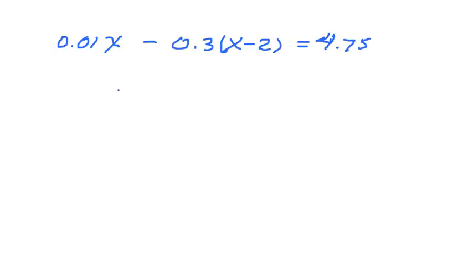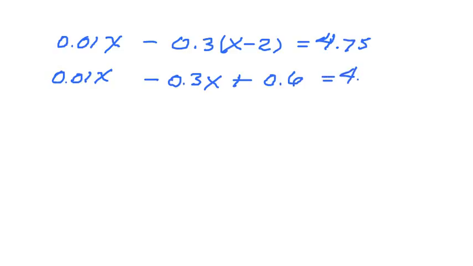So we end up having 0.01x minus 0.3x, and then of course we've got the minus and this minus here. That's going to make that a plus, and then that should be 0.6 is equal to 4.75.